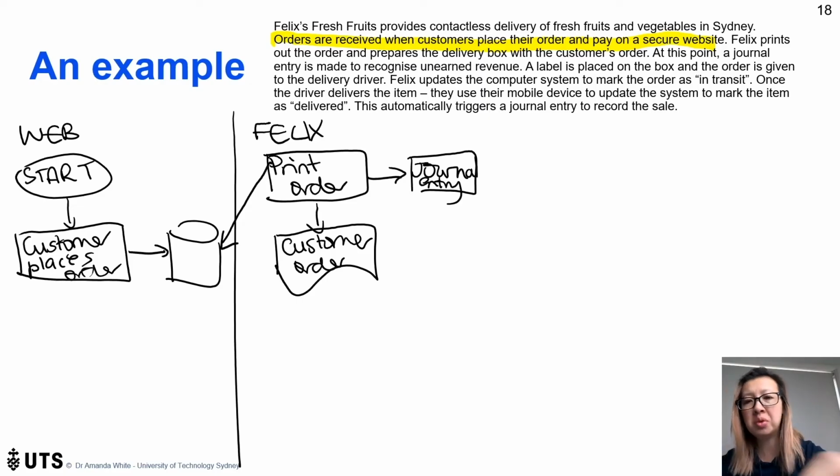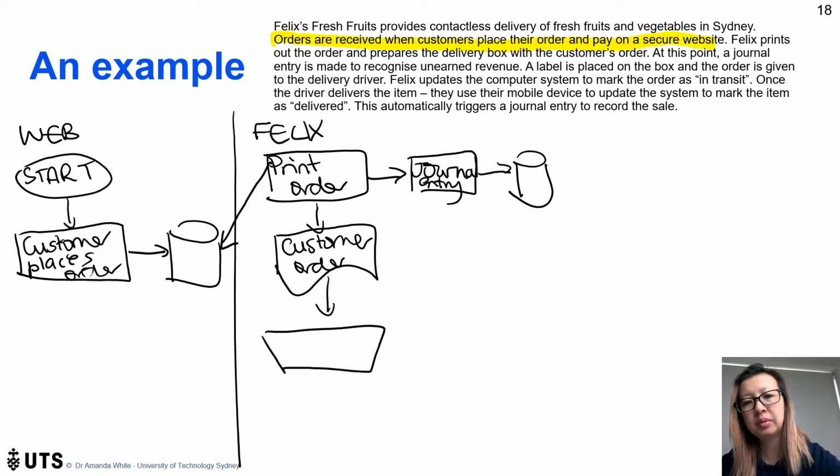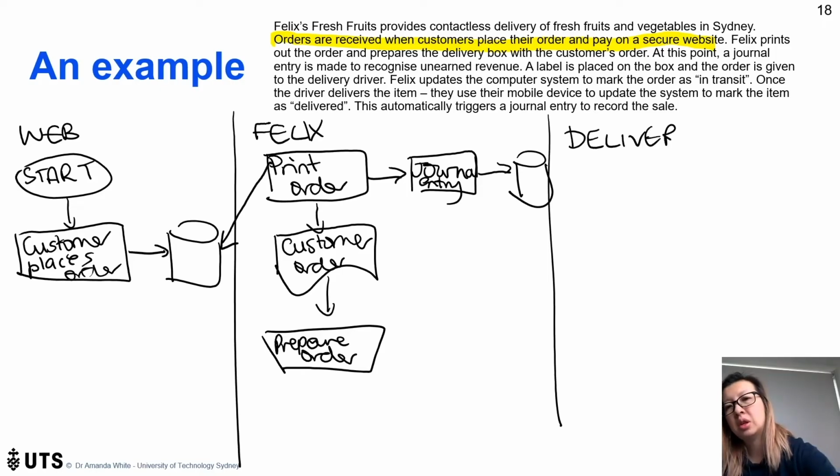And I don't know whether it's the same system or a different system, but let's just put that little database here. A label is placed, he prepares the delivery box with the customer order. So prepare order. A label is placed on the box and the order is given to the delivery driver. So we have something different happening over here with someone else.